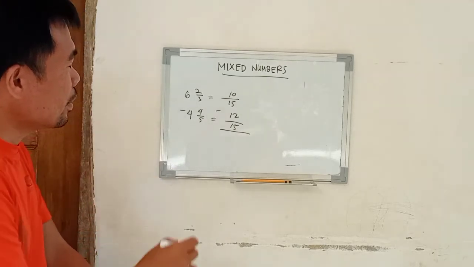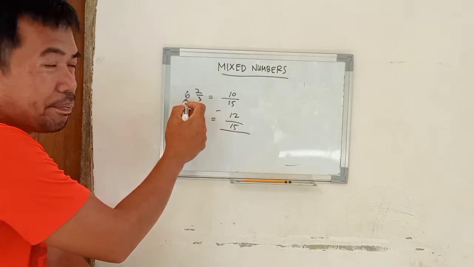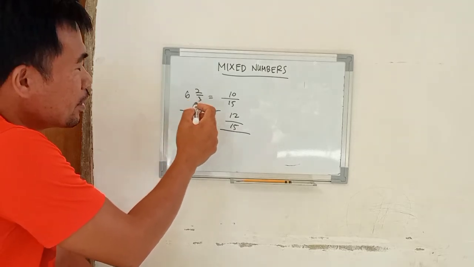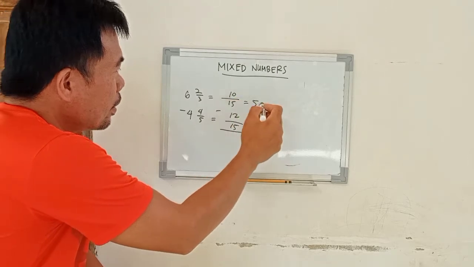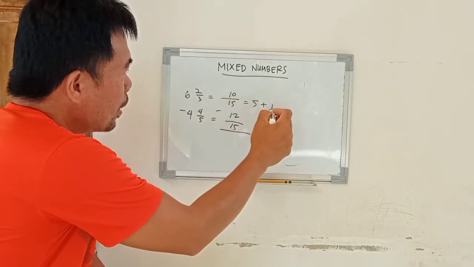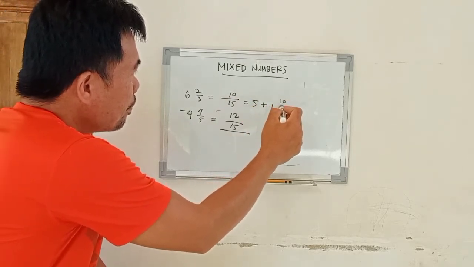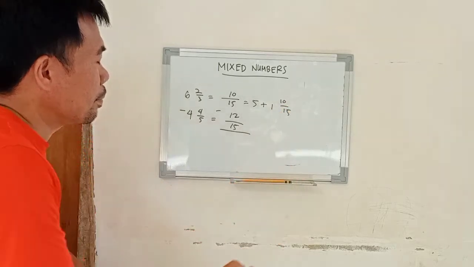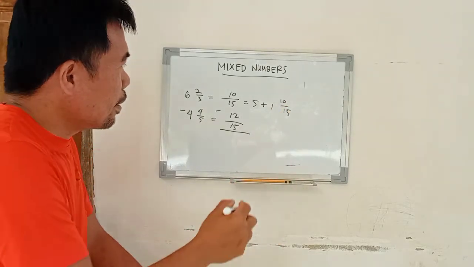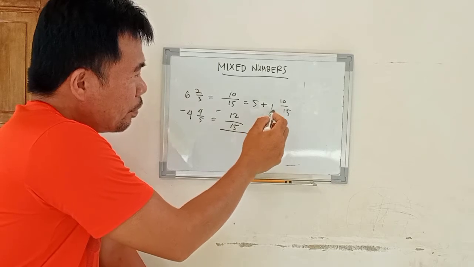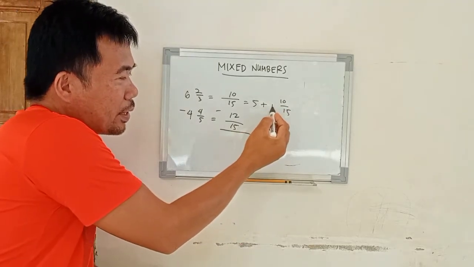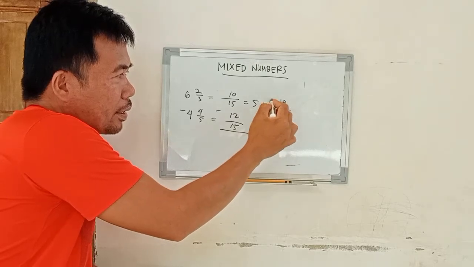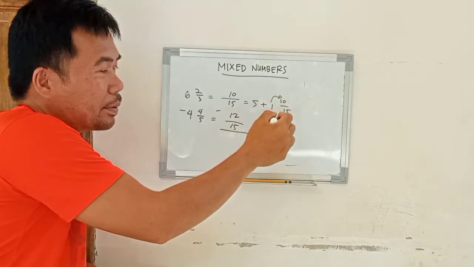So what we do now is borrow 1 from here, from 6. This 6 will become 5. And to this one, we add 1, 10 over 15. What we do with the 1 is make it into a fraction and add it to this fraction.